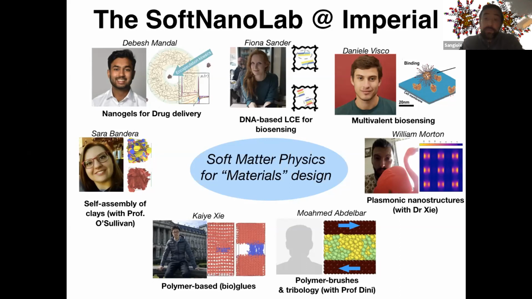I'm also working on the design of plasmonic nanostructures with Dr. Fang Shi, and in particular, William Morton. With him, we're taking care of the computational part. So how do we get the wanted plasmonic response? How can we design it given a specific target structure?